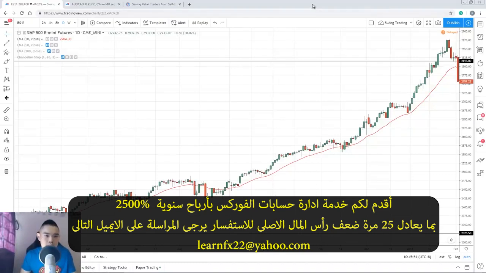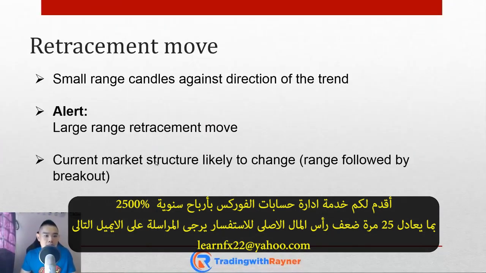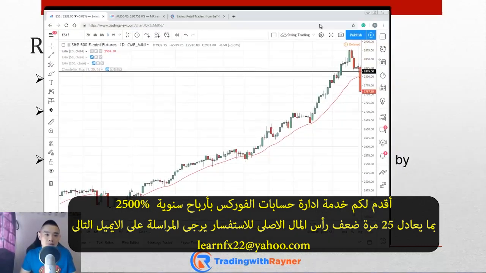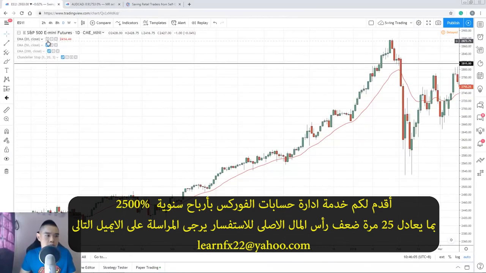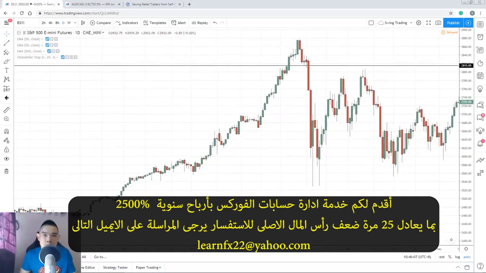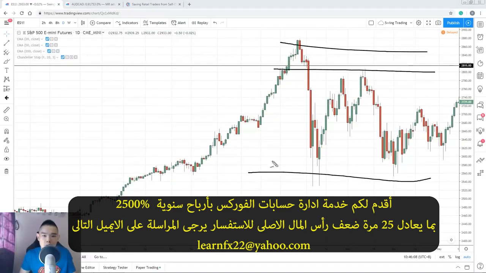And if you recall the slides I mentioned, what usually happens is that the market goes into a range followed by a breakout. So when you see a large retracement candle against the underlying trend, it tells you that the market is likely to go into a range. In this case, the market went into somewhat of a range between these highs and these lows, or even a descending triangle, if you want to call it.